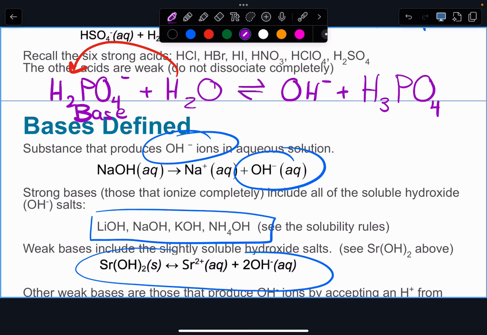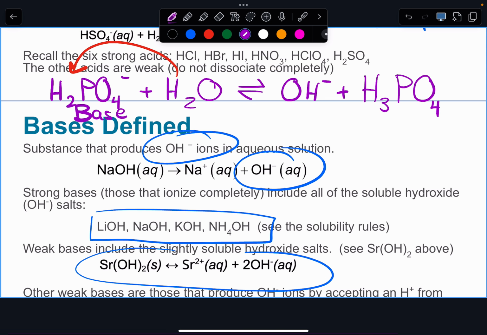Now, if you remember, we talked about H3PO4 already, phosphoric acid. That's the interesting thing about acids and bases, there's a very close connection between, we call them the conjugate acid. So this would be a base and this would be its conjugate acid. They're like a pair that differ by that H+.